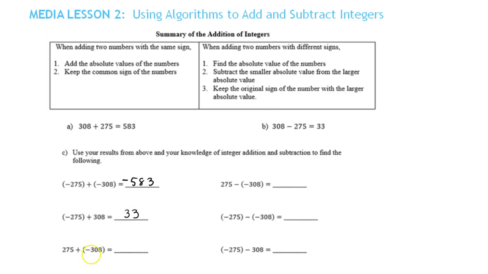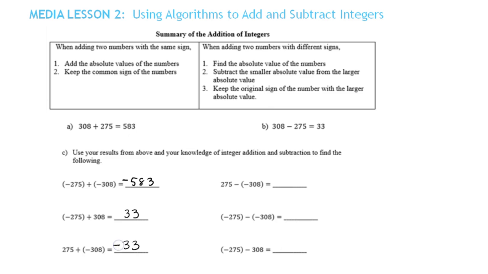The next problem is almost identical except the signs are reversed. Okay, so we're adding two numbers with different signs, so we find their difference, which is 33. Then we keep the original sign of the number with the larger absolute value. Well, negative 308 has a larger absolute value than 275, and its sign is negative.